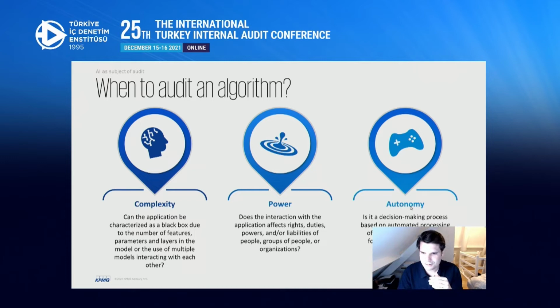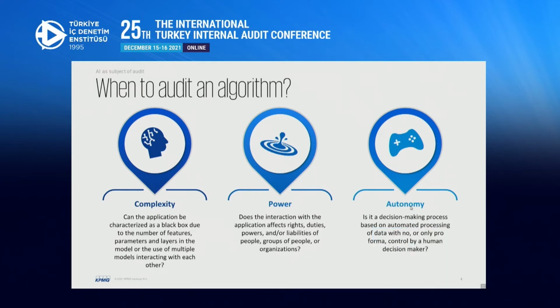And first, it's important to think of, okay, when should we actually start looking at an algorithm or an AI solution? When is it actually critical for us auditors to look at it? And then it helps to look at it from three perspectives, so to say. First one would be, what's actually the complexity of the algorithm itself?